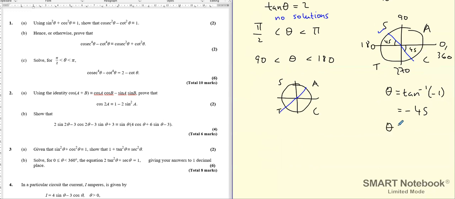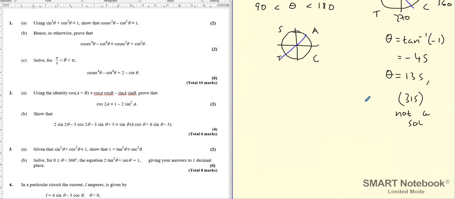So your two solutions are either 180 minus 45, which is 135, or the second one is going to be 360 going back by 45, which is 315. But this one's not a solution because it's out of our range. We only want the solution that's between 90 and 180.